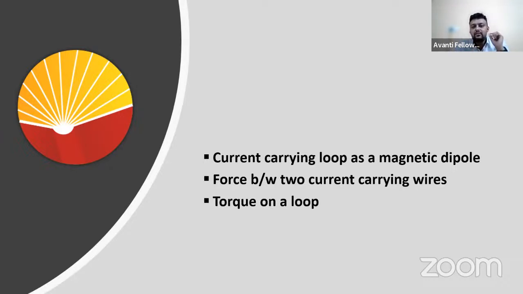So we are basically dealing with the main phenomena, force on a current carrying wire, on which we are going to deal with the questions. So on that note, I will wait for further 30-40 seconds for the students to join, and after that we will start further.